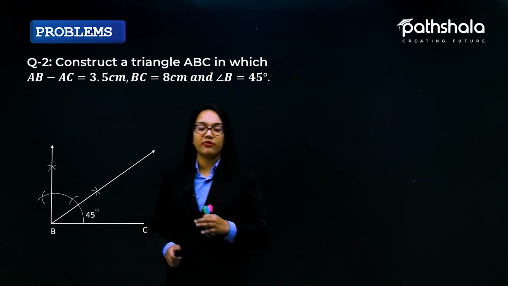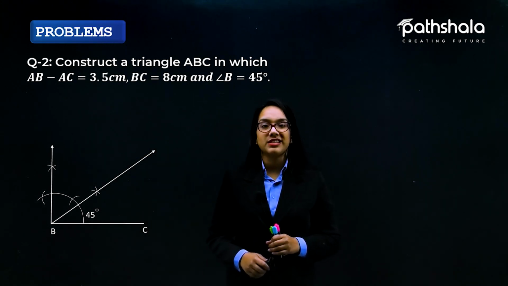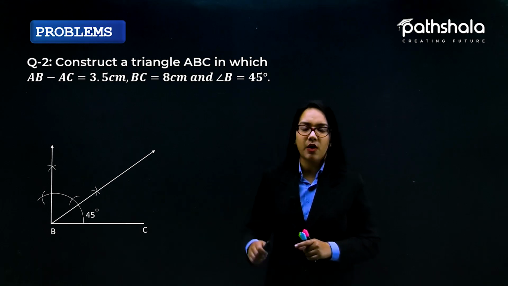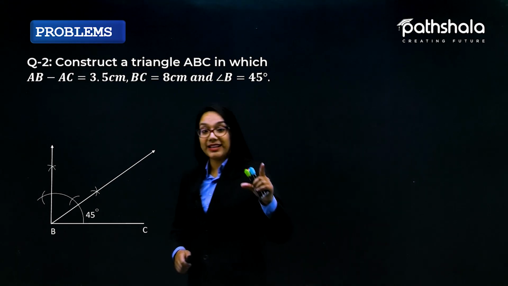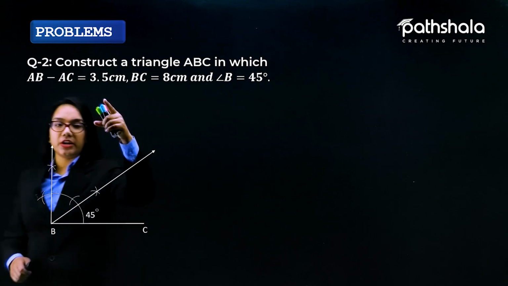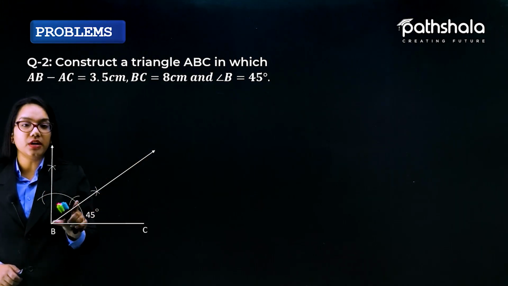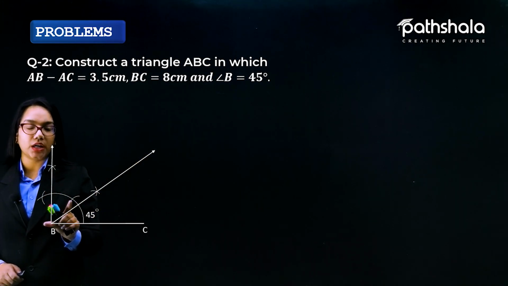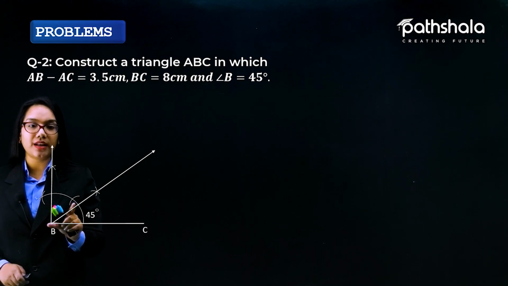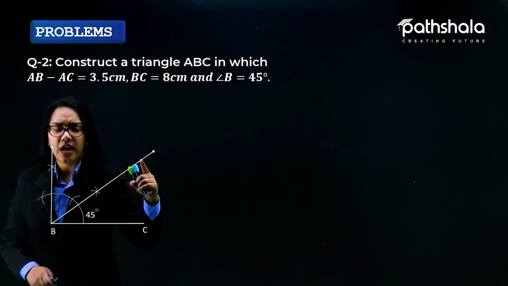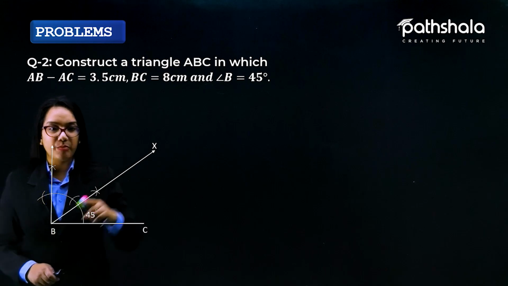Now let's further move on. We have AB minus AC equal to 3.5 centimeter. Again using the compass, taking the radius as 3.5 centimeter and B as a center, cut an arc on this particular ray. Let us call this ray BX.